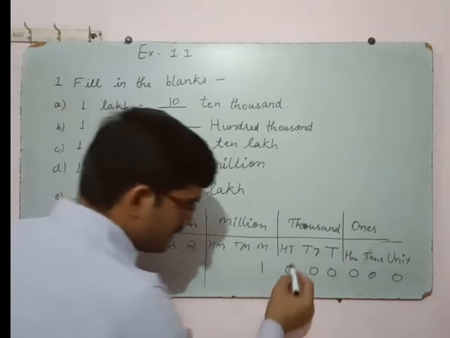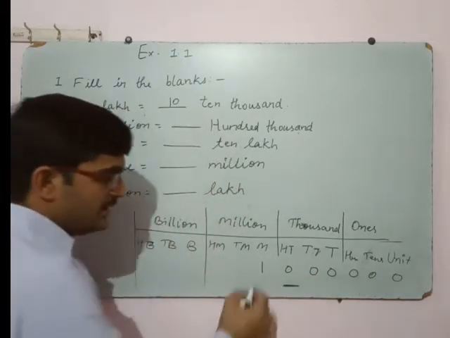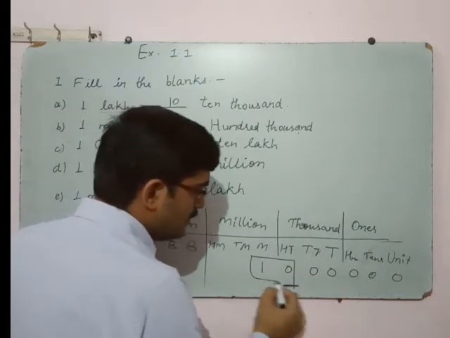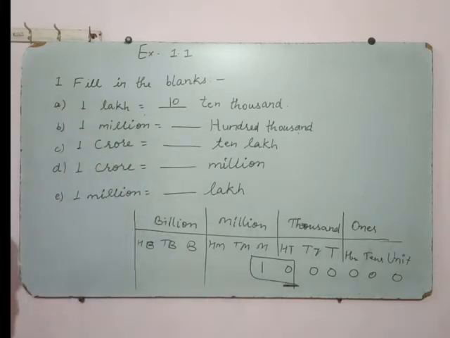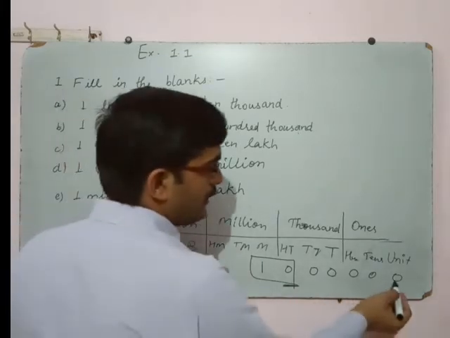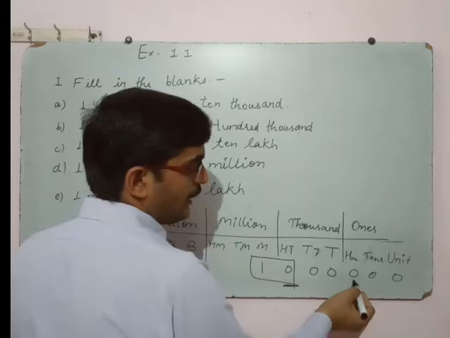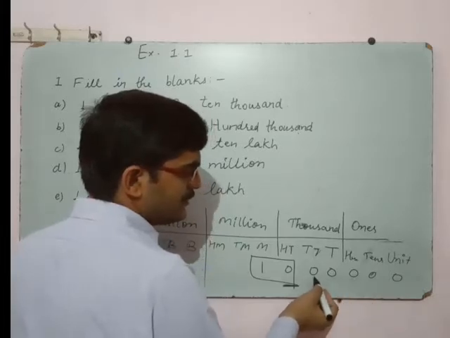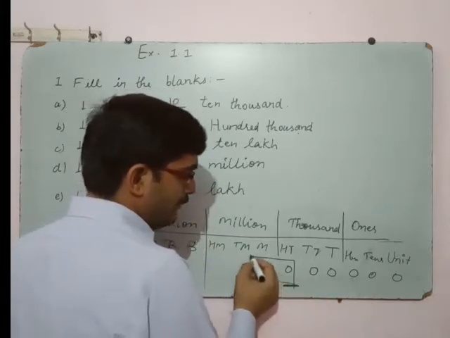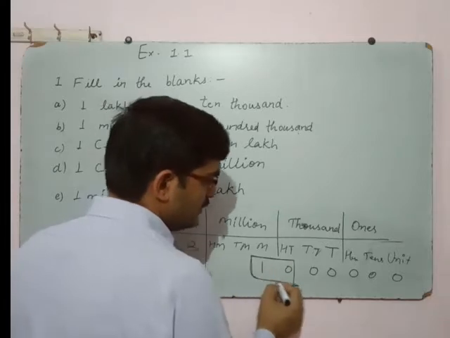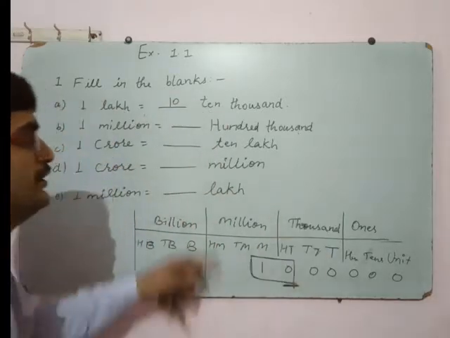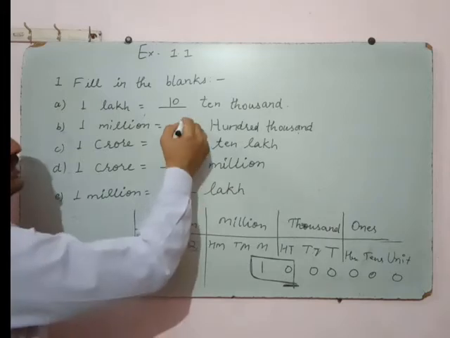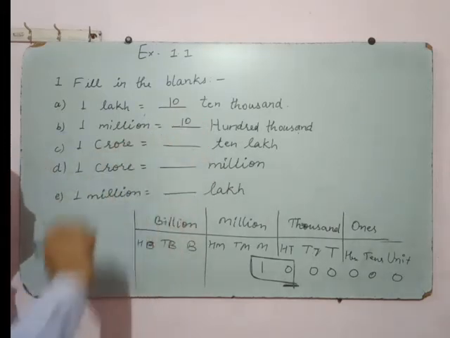This is the 100,000 place. It means 10 100,000 makes 1 million. Ones, tens, 100, 1000, 10,000, 100,000. If we multiply 10 by 100,000, then it will be 1 million. So the answer will be 10 100,000.